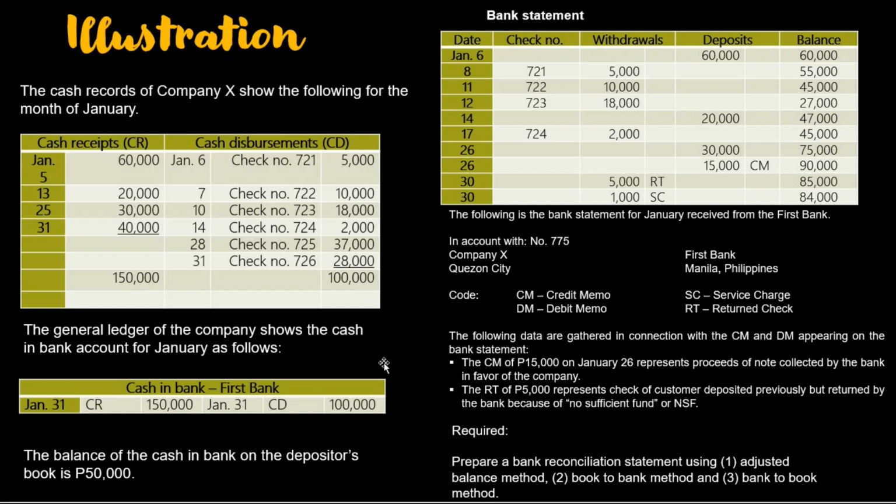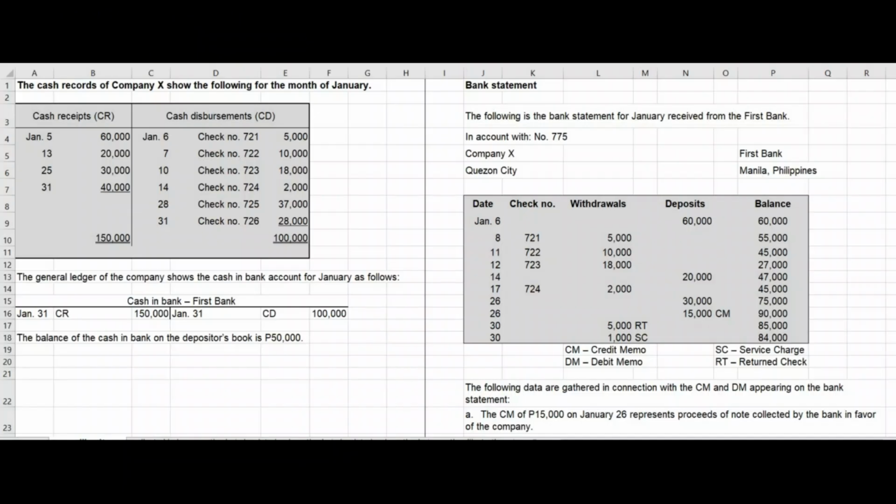Okay, so to answer this, let me transfer to an Excel file. So to answer the illustration, I have here the Excel file. So let's have a discussion on how to perform a bank reconciliation. So what are the general procedures in preparing a bank reconciliation?